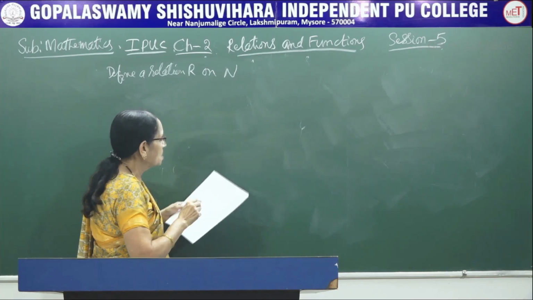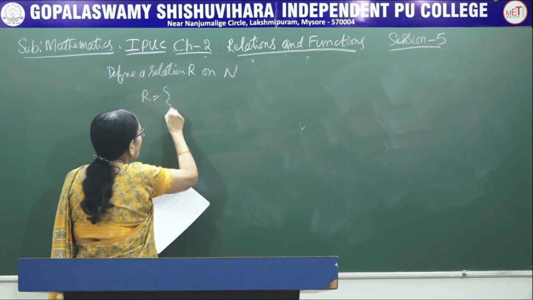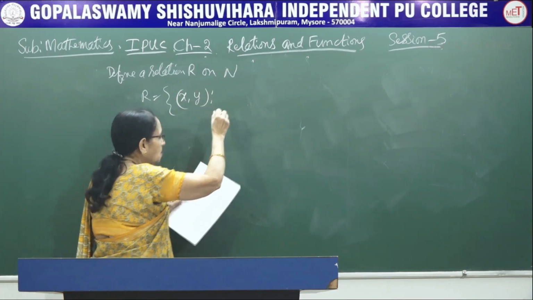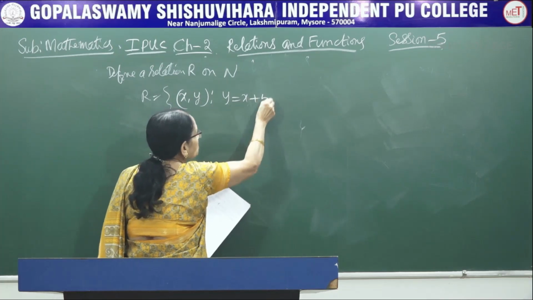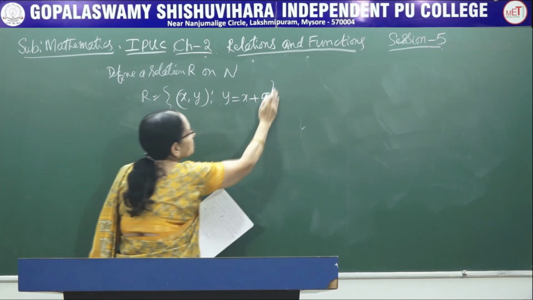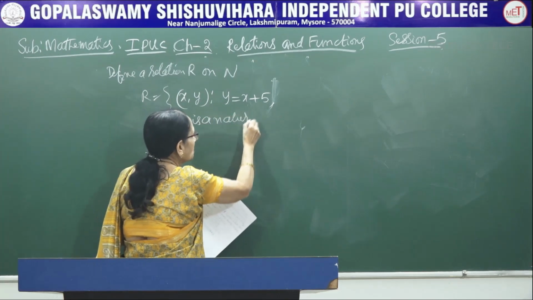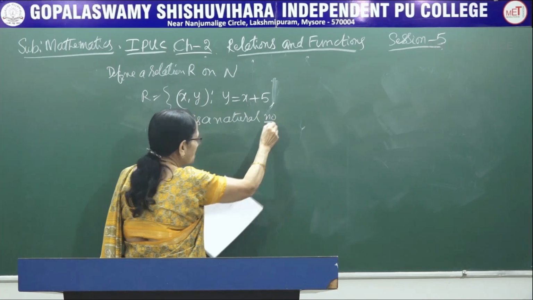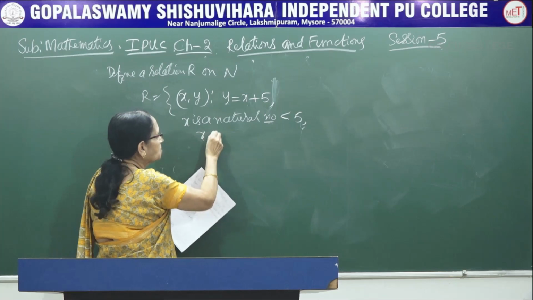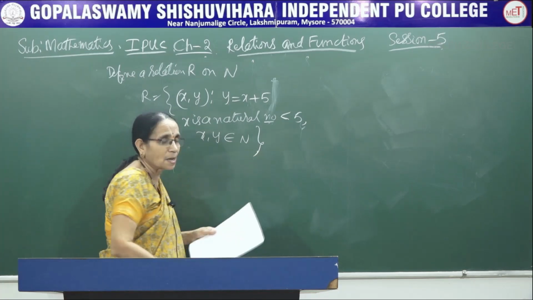Define a relation R on the set of the natural numbers N by R contains all those ordered pairs x, y such that y is equal to x plus 5, where x is a natural number less than 5, and x and y belong to N. Now this is the definition of the relation.